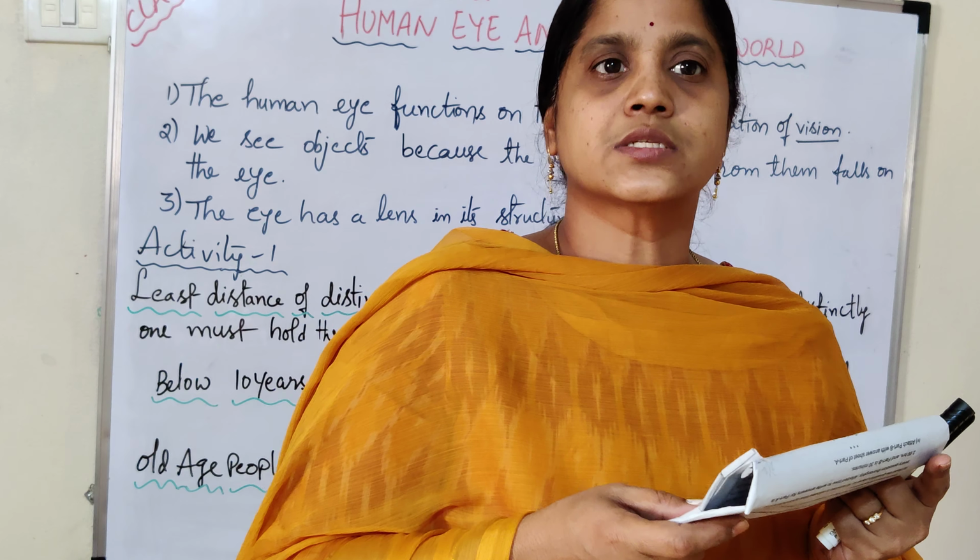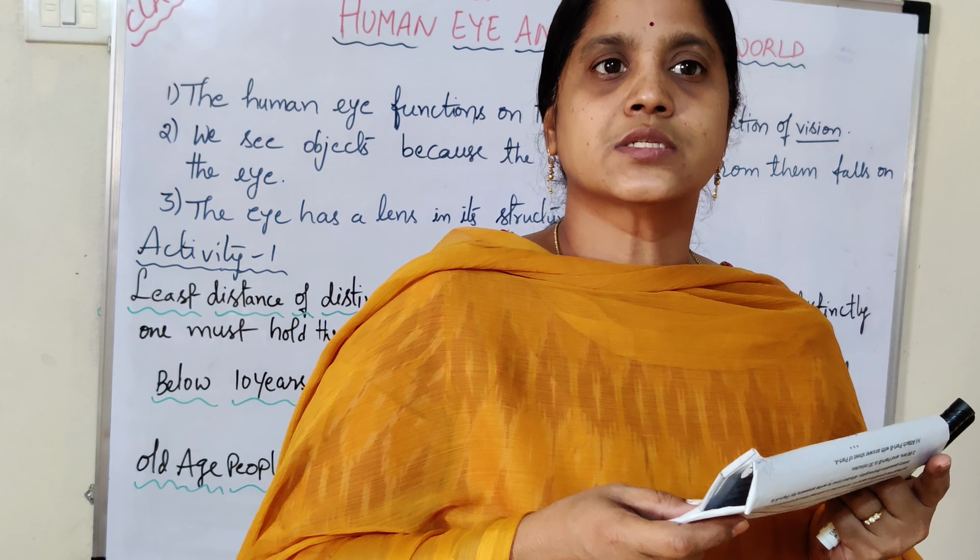Next, old people, aged people, cannot see like this; they keep the paper farther away to read. For them, the least distance of distinct vision changes from 25 centimeters to 1 to 2 meters or more than that.